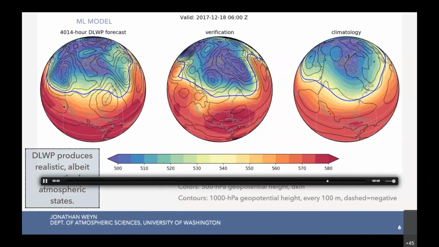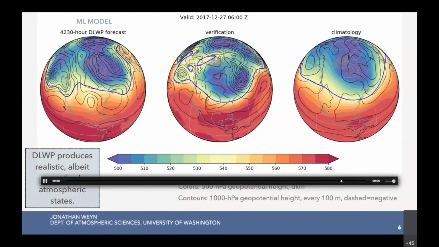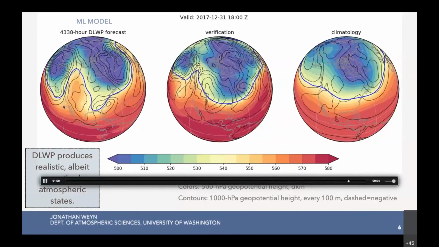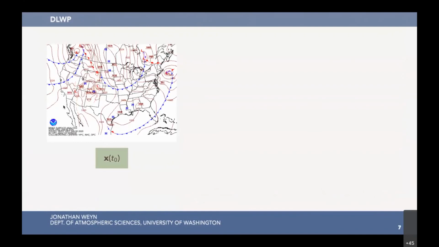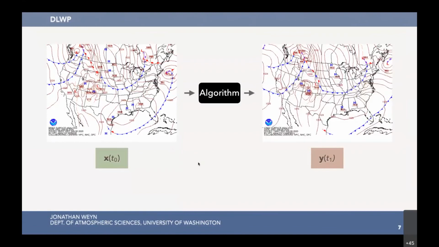So how does DLWP actually work? So we begin with the task of any numerical weather prediction model, which is to take the input state vector representing the atmosphere, which I call here x, at some time t0, represent it with just this sample image, pass it through some sort of algorithm, which then produces a prediction y for the state of the atmosphere at a future time t1.